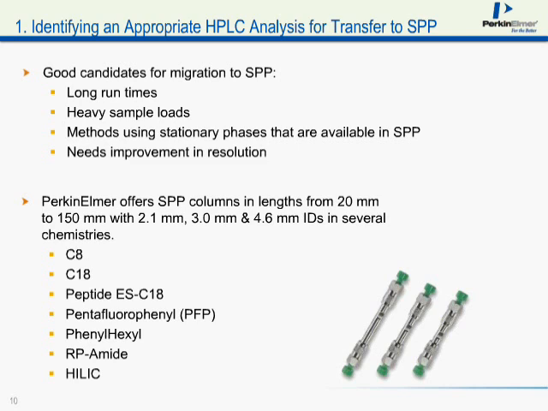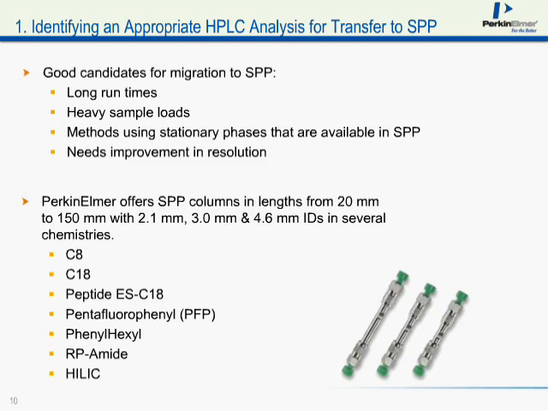If you have heavy sample loads and you're having difficulty getting through all your samples each day, if you could speed that up, you could get through all those samples on a single system instead of on multiple systems, for instance. You need to choose a method that uses a stationary phase that's available in SPP at this time. Or if you just need improvement in resolution in a current method, you could also use the SPP's higher efficiency in order to improve that resolution.